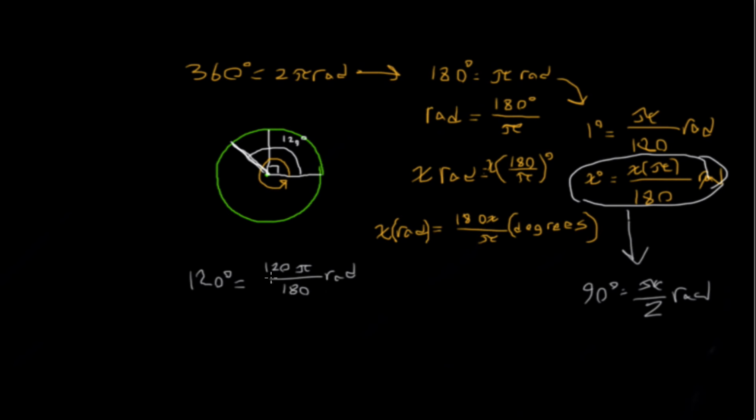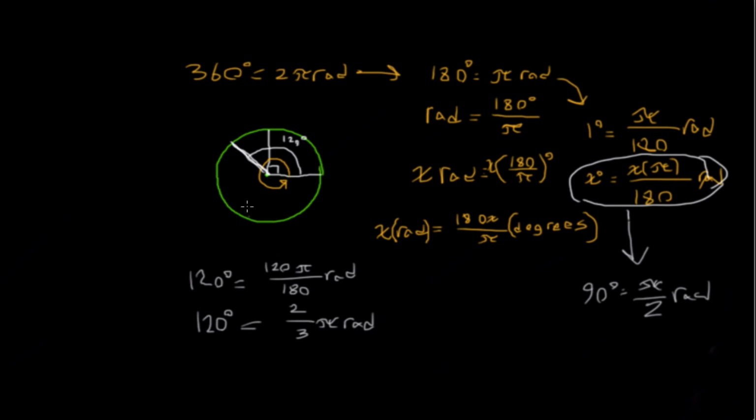So what's that equal to? Well, we can easily just simplify this. 120 over 180 is, right, 60 over 90. That's the first step, but then we can just reduce this to 2/3 pi radians. And that makes perfect sense.